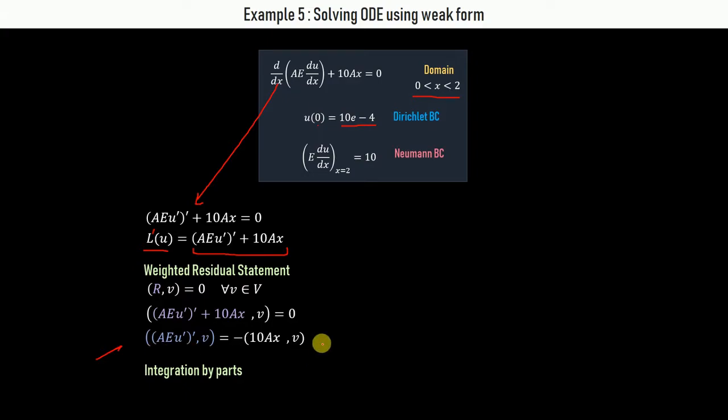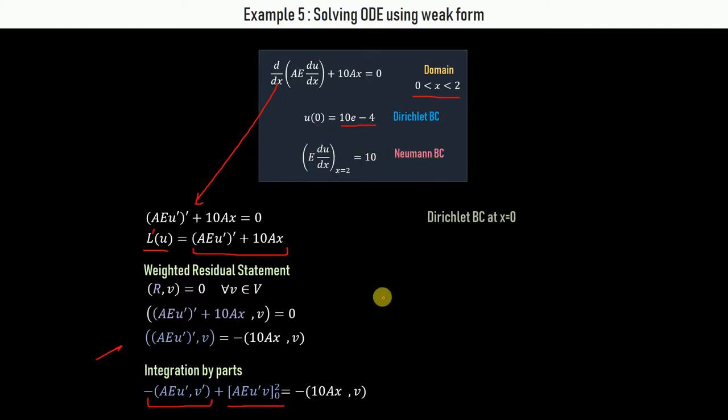Now let us integrate by parts to get to the weak form. So we have integrated this thing by parts, so we get this term where we have reduced the differentiability. In this term you will get u double dash, so we have reduced this to u dash, and we get a boundary term where we can put in these Neumann boundary conditions.